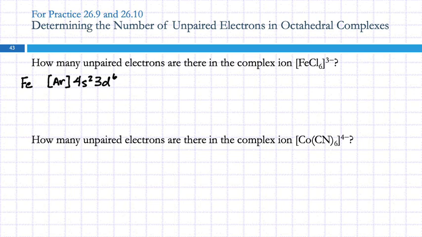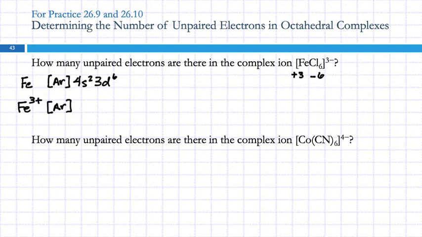What's the charge on this iron ion? Overall we have -3. We have 6 chlorides. They're each -1. So the iron must be +3. So we need to remove 3 electrons from the iron.